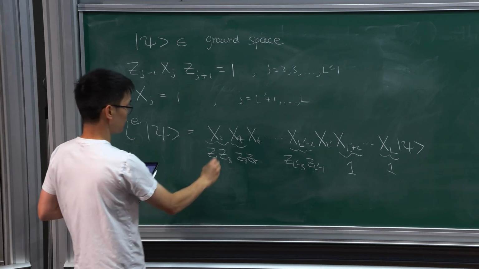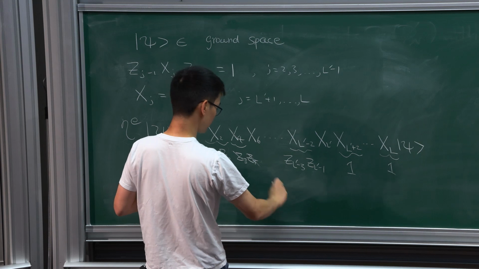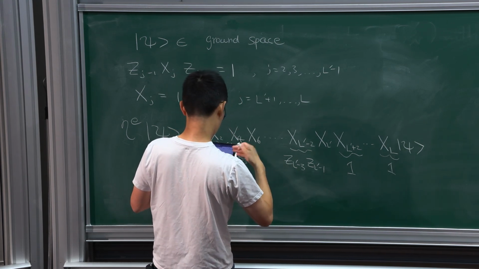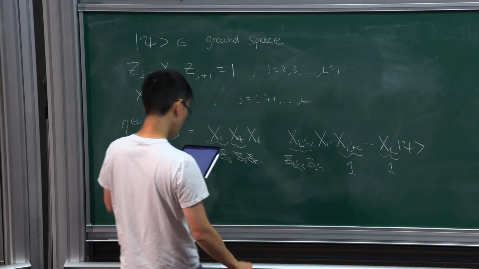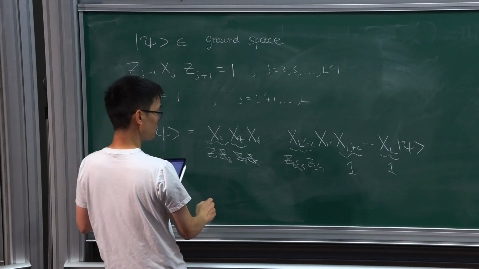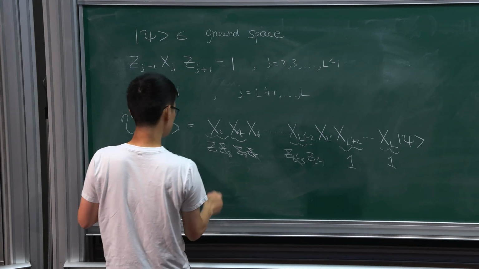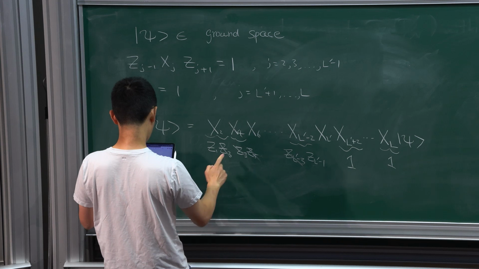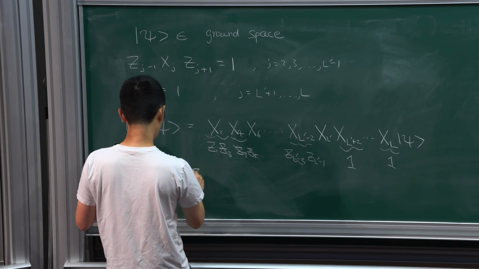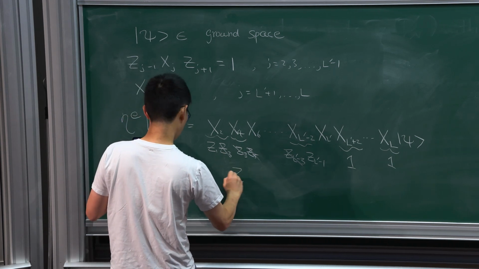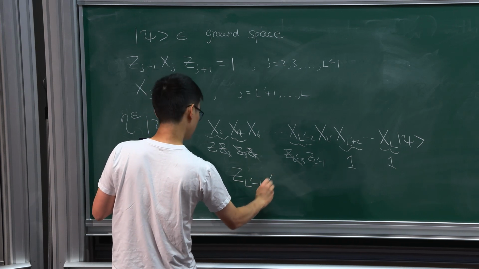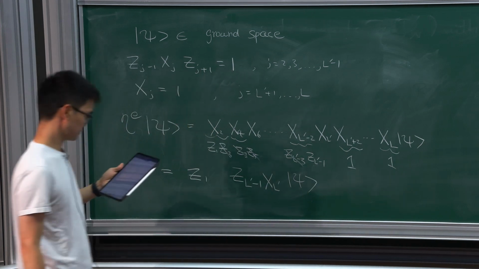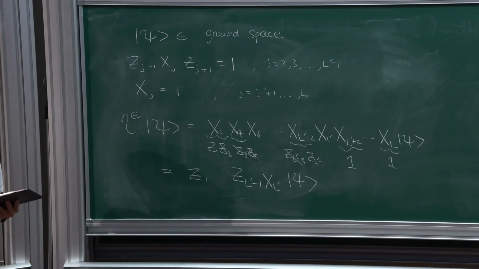Good. So the intermediate Z's all cancel. Let me just make sure I'm doing this right. Yes. And I'm left with, what am I left with? Eta even. I'm left with Z1, Z_{L prime minus 1}, X_{L prime}, acting on psi. Okay, good.